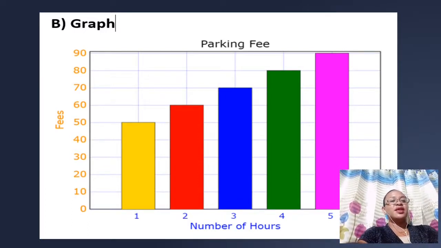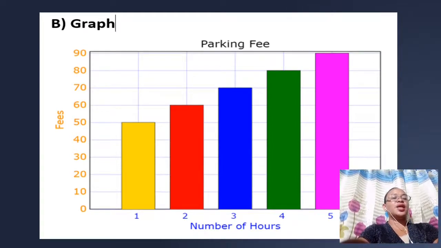And then let's proceed to the third bar, the blue one. For 3 hours, we will pay 50 plus, we have 2 hours times 10, so that becomes 20. And then 20 plus 50, we have 70 pesos. So we will pay 70 for 3 hours of parking. So we get the intersection of the x-axis and the y-axis.